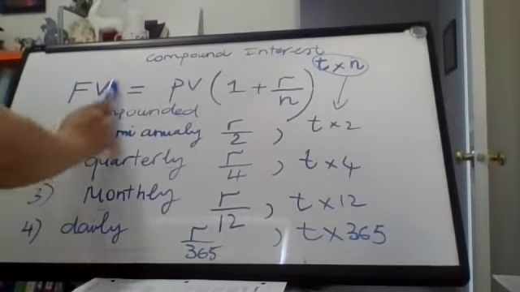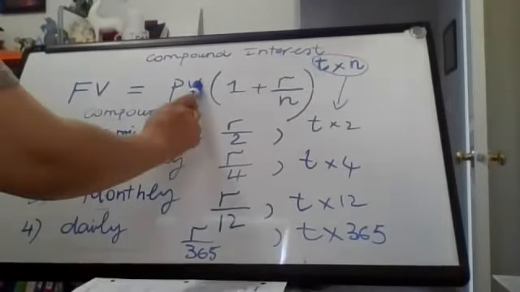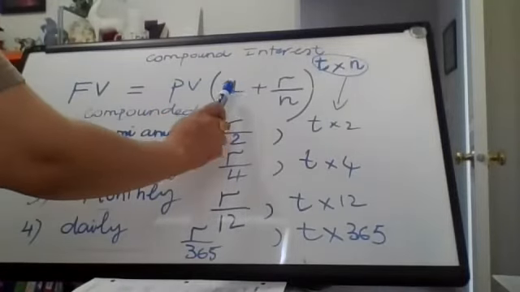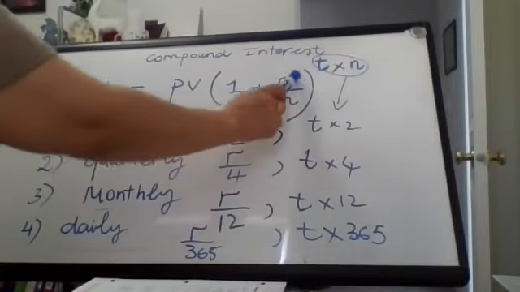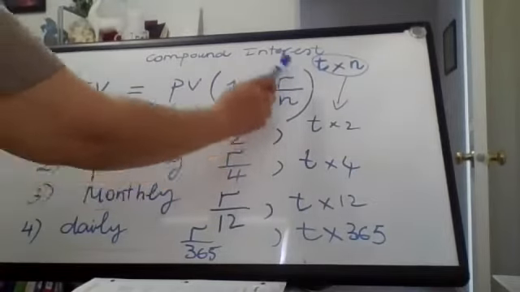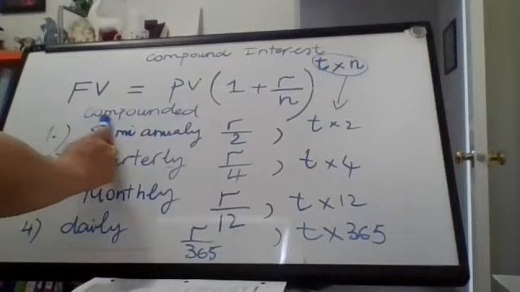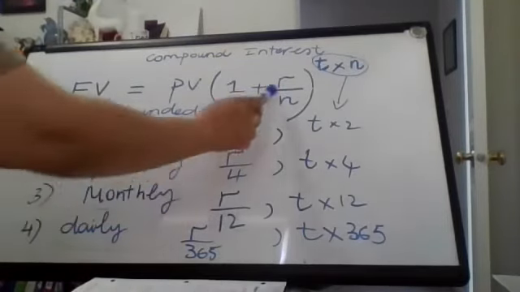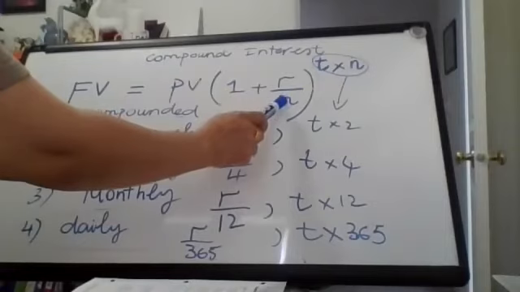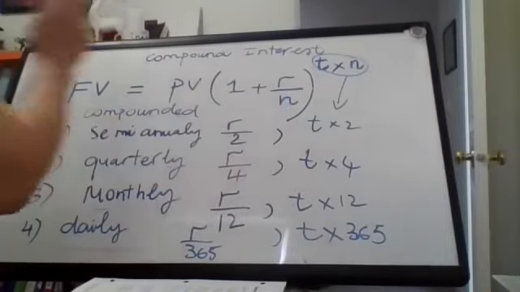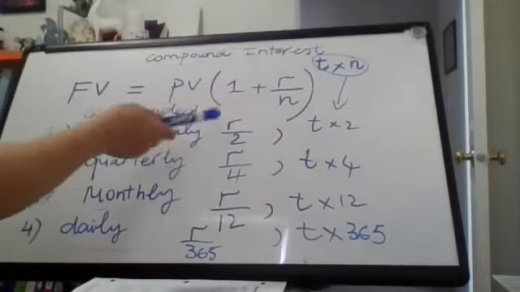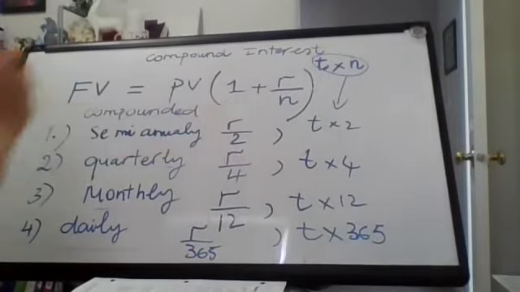And you calculate the future value based on how much you invest at the beginning, multiplied by 1 plus the interest rate. If the interest rate is compounded semi-annually, you have to divide by 2, the n here substituted by 2. This is a general form, but depending on the situation, you substitute for the n here.